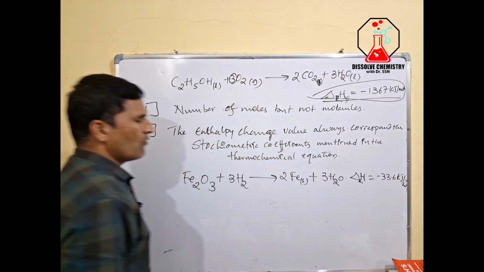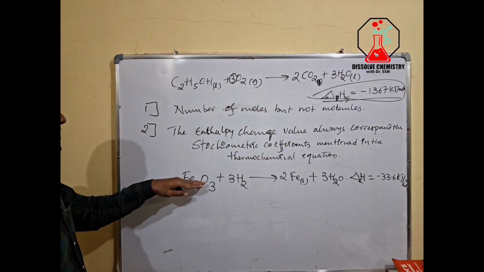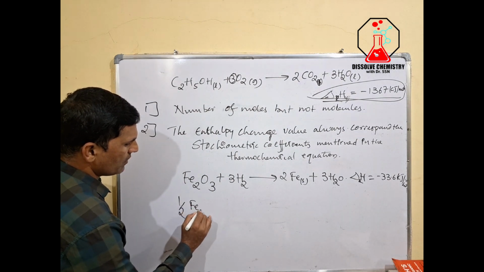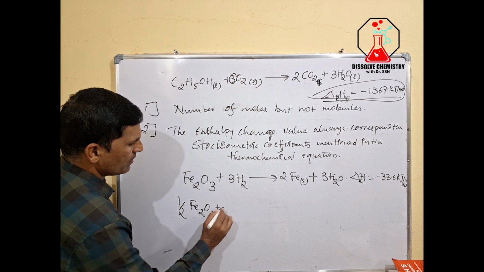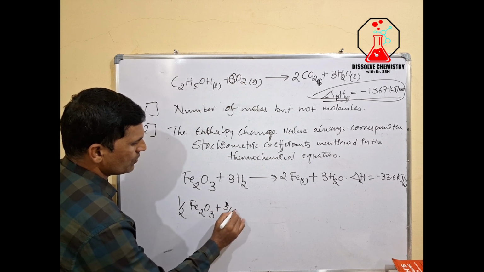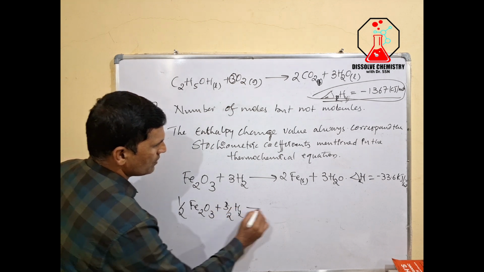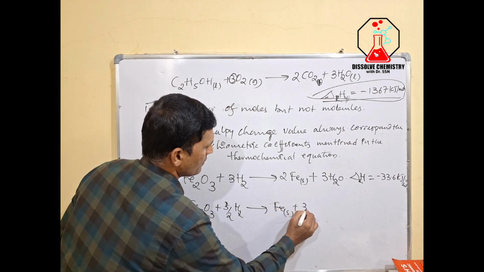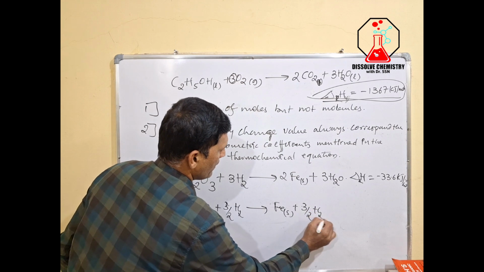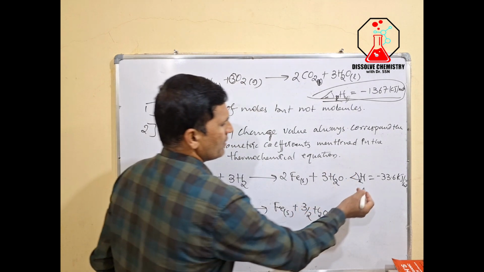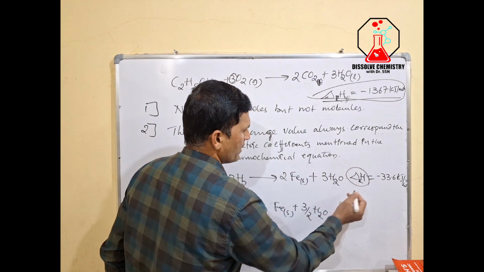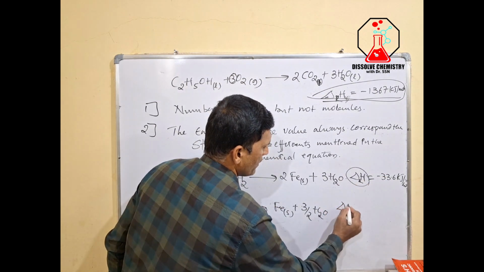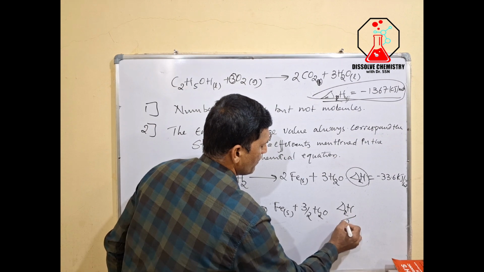Now what I am doing, instead of 1 mole, if I take half mole, say for example, Fe2O3 plus 3/2 H2 to give Fe solid plus 3/2 moles of water, then the enthalpy of reaction mentioned here will also be halved, delta H of reaction by 2.